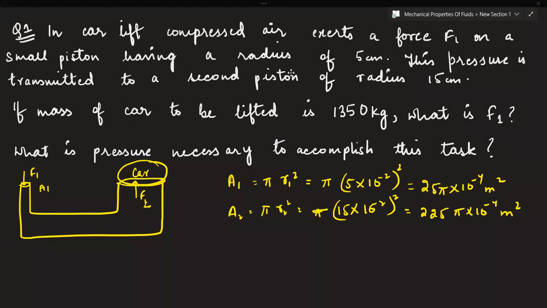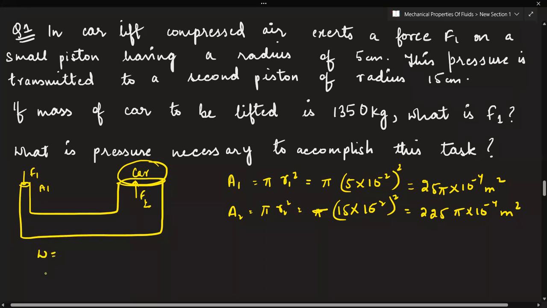If this is the mass, what is the weight? How do we calculate the weight? If the force exerted is F2 in the upward direction, won't the car exert a downward force, its weight, which is equal to mg? Yes, ma'am.